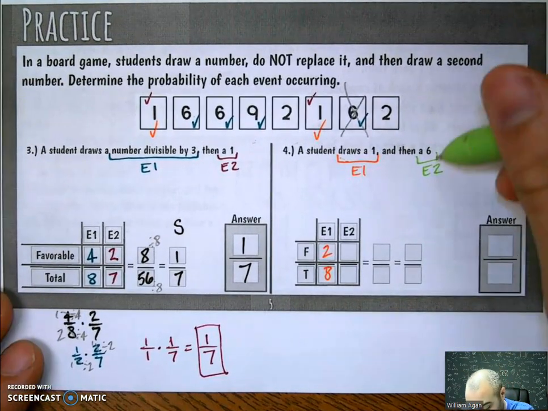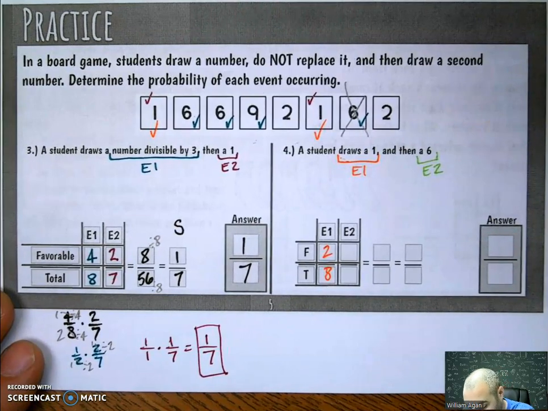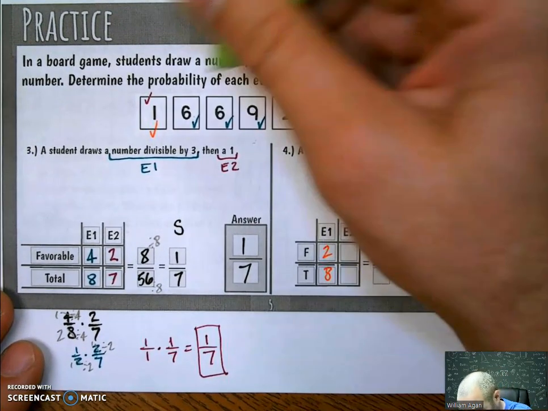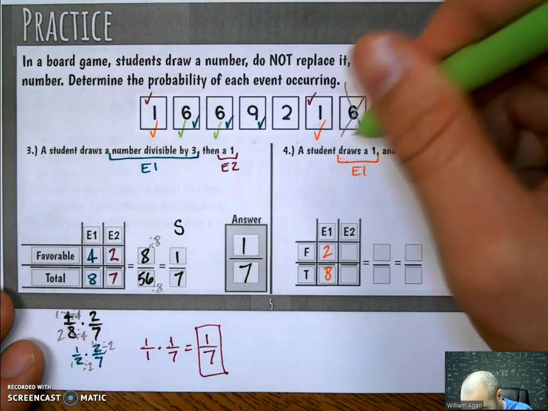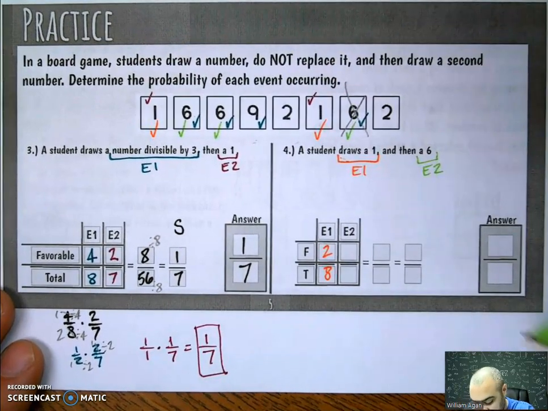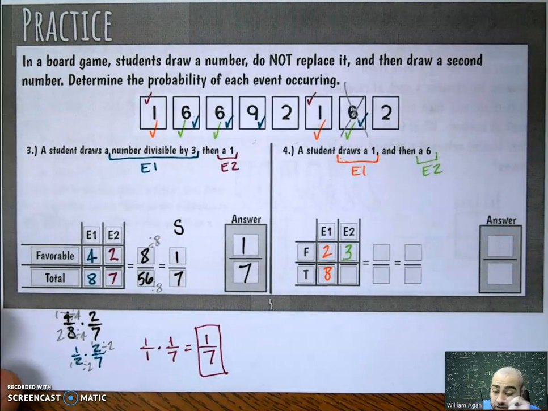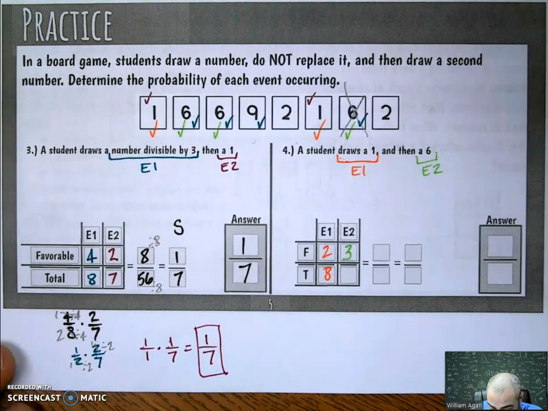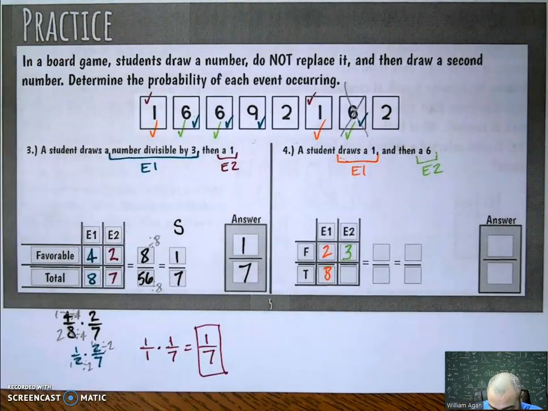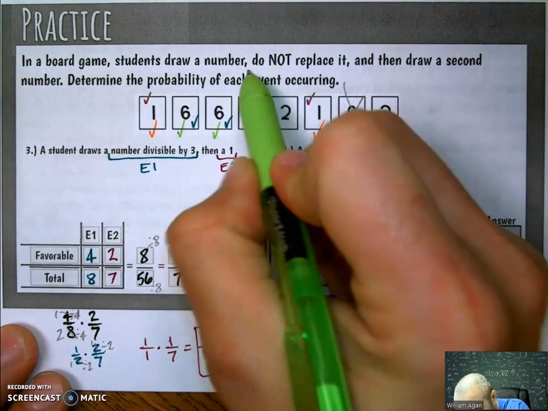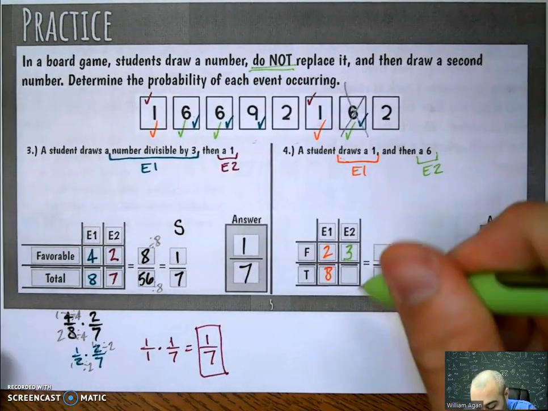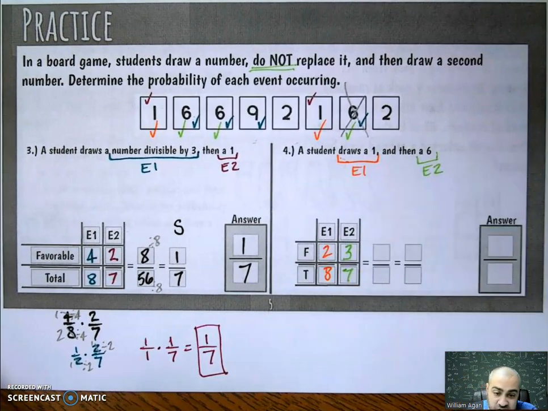And then event 2 is a 6. Okay, so how many 6s do I have? Here's 1, and here's 1. So that's 3 favorable outcomes. But how many total do you have now? If you got a 1 that first time and you did not replace it, that means that your total for the second event is now 7.